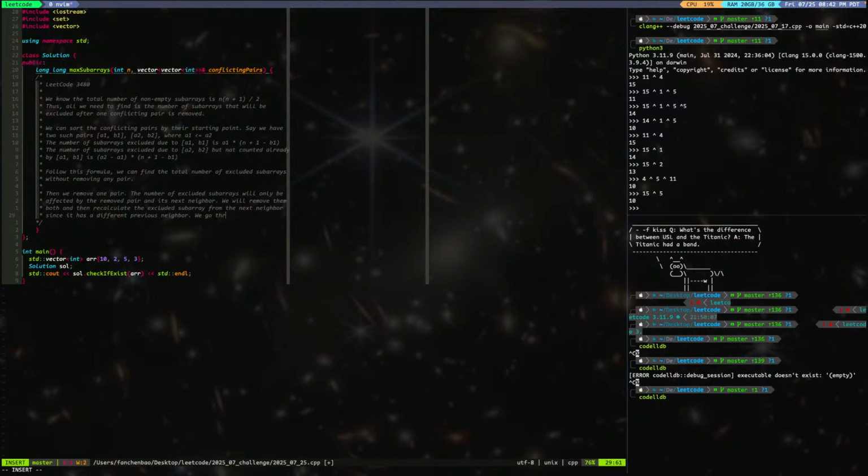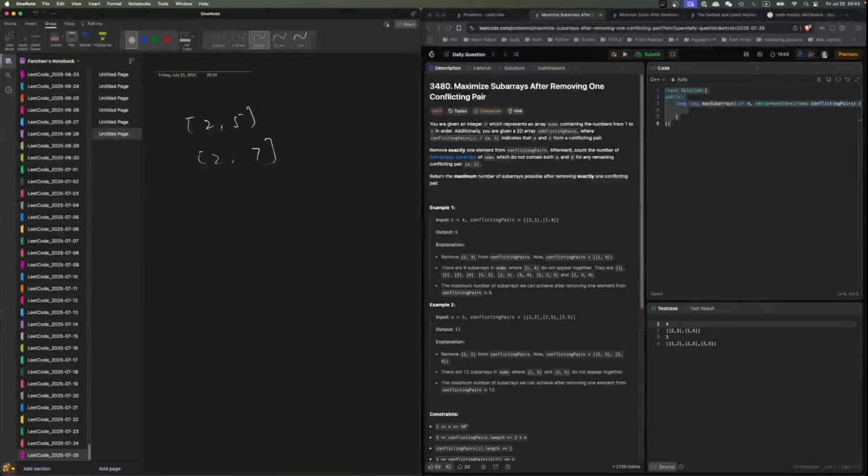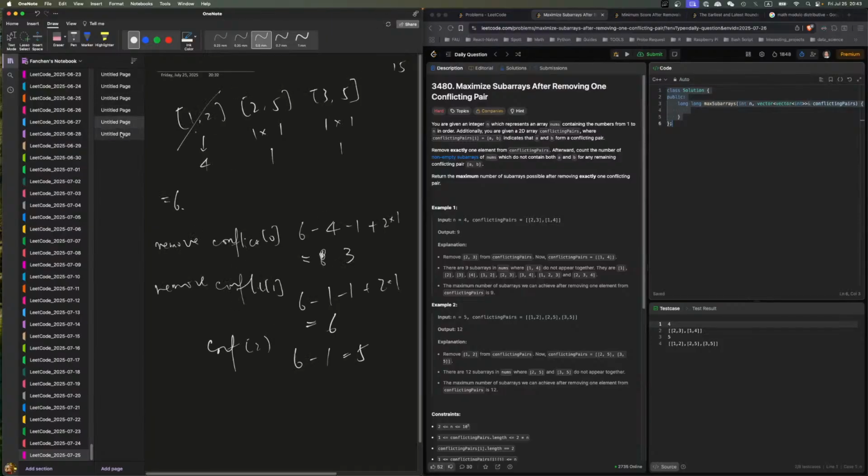We go through all the pairs for removal and find the setting with the minimum, the lowest number of excluded subarrays. That, I think, is the solution.